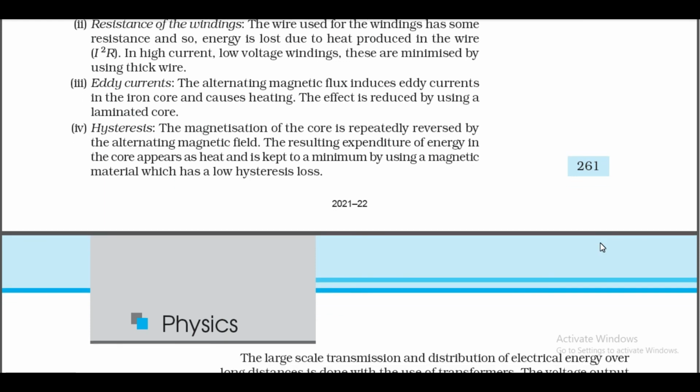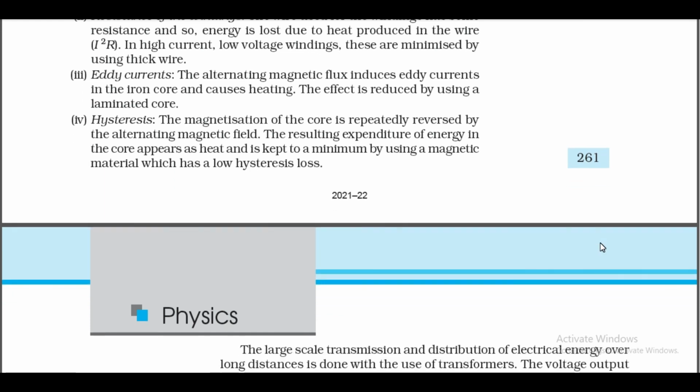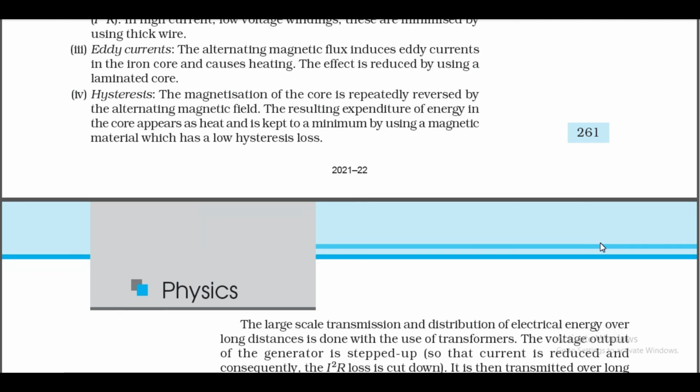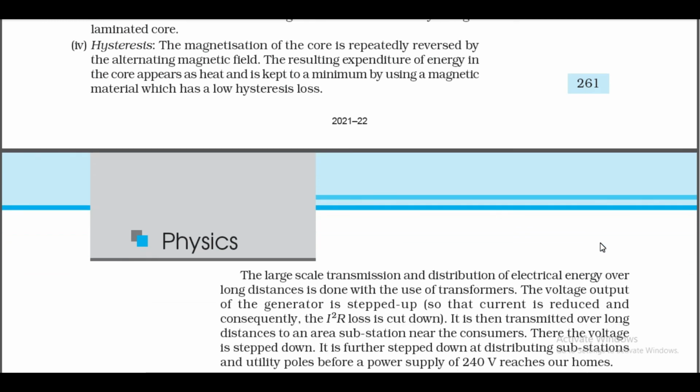The effect is reduced by using a laminated core. Fourth, hysteresis. The magnetization of the core is repeatedly reversed by the alternating magnetic field. The resulting expenditure of energy in the core appears as heat and is kept to a minimum by using a magnetic material which has a low hysteresis loss.